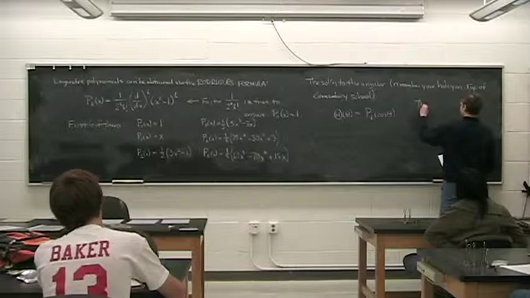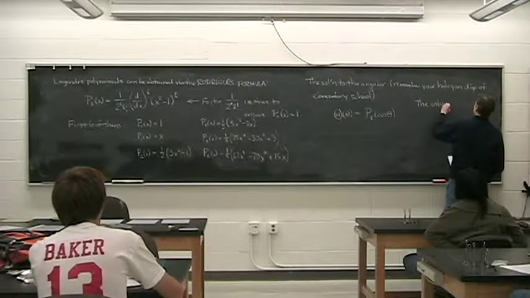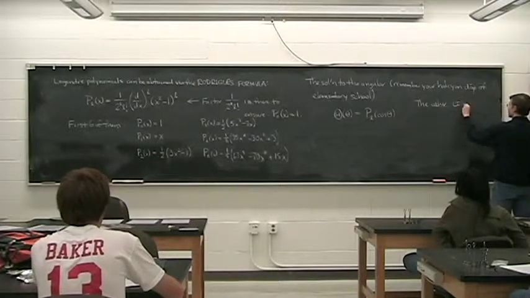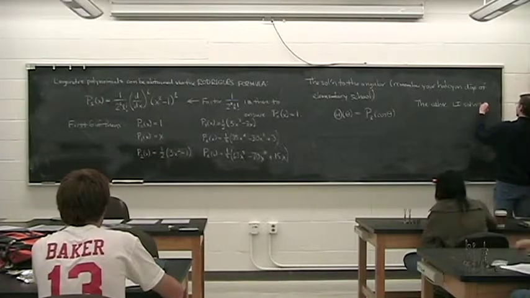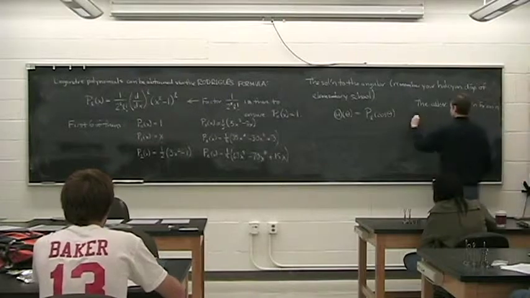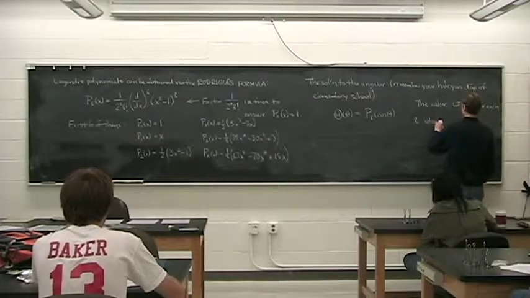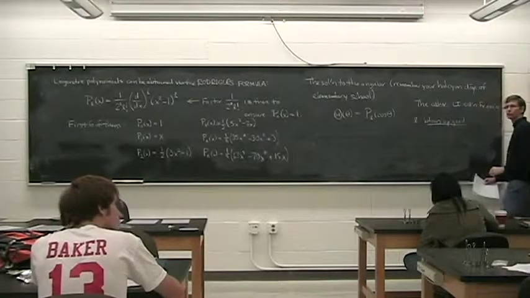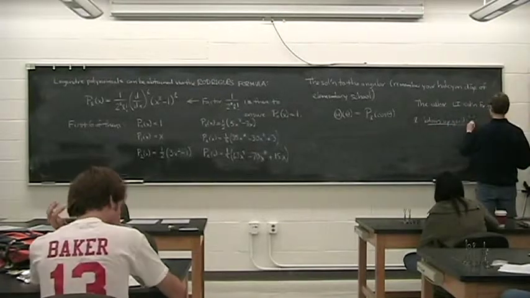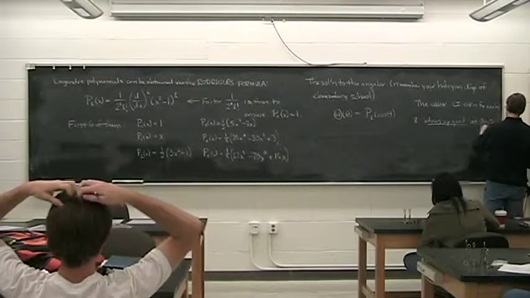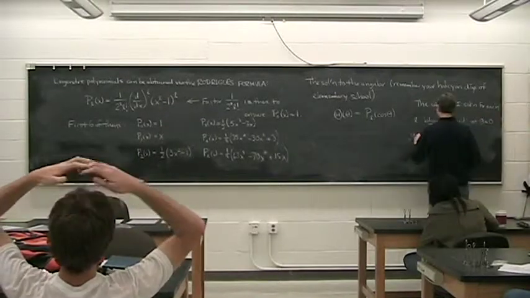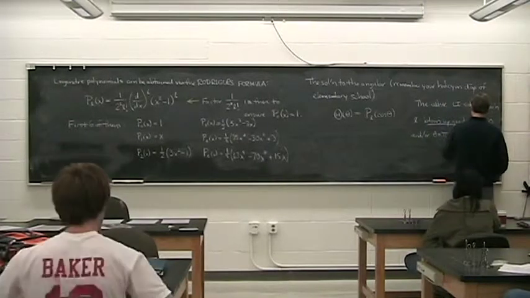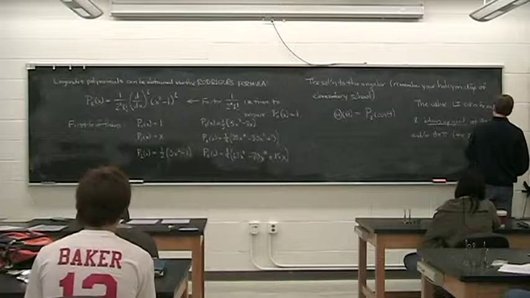The answer is the other linearly independent solution for each L blows up at theta equals 0 and theta equals pi, i.e. the z-axis.